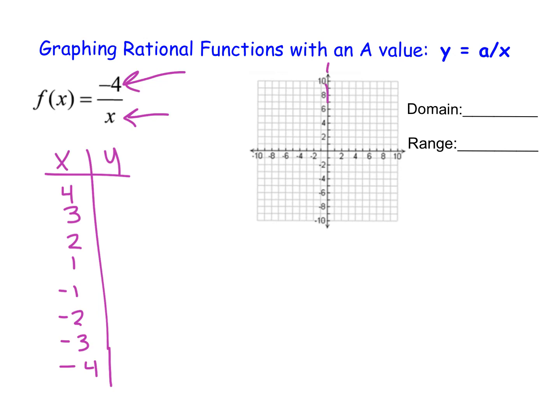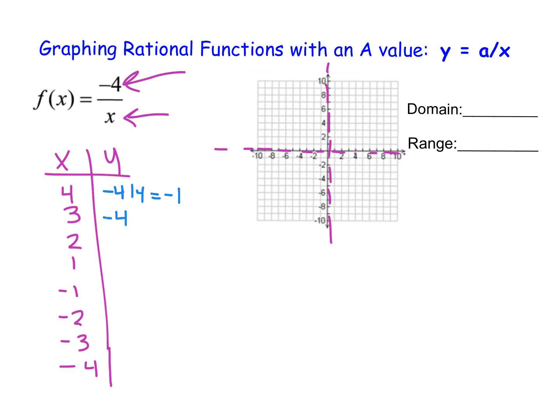Now because of the parent function having a horizontal asymptote, I know that the asymptotes are still going to be a vertical one at 0 and a horizontal one at 0. So those are imaginary lines that my graph cannot cross. So now if I start plugging my points in, -4 over 4 is -1.